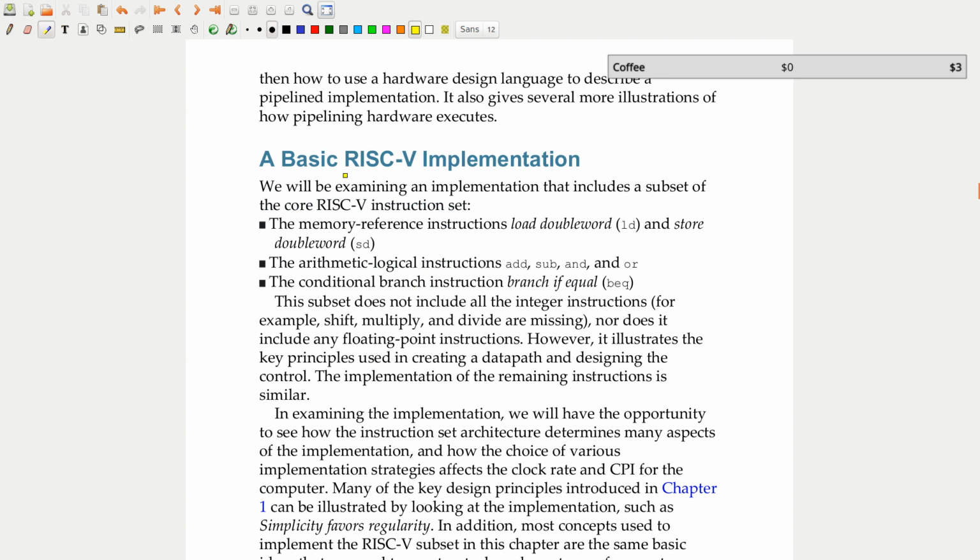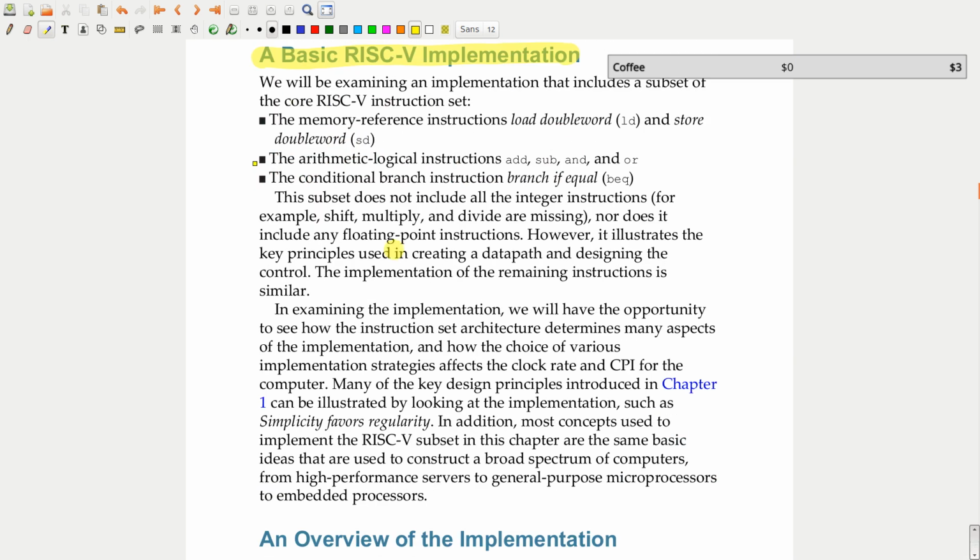Okay, so let's look at the basic RISC-V implementation. So these are the things that we're going to be constrained on. So memory reference instructions, load doubleword and store doubleword. We have to support things such as add, subtract, AND, and OR.